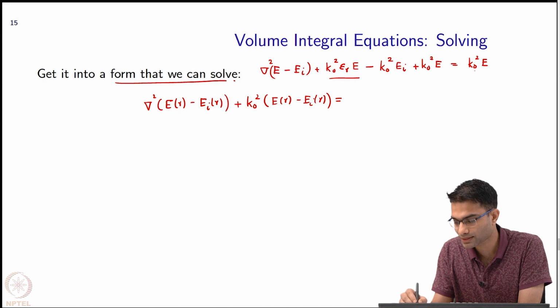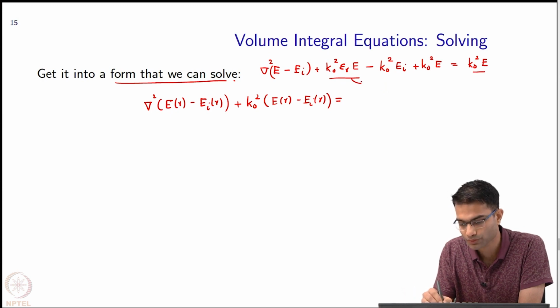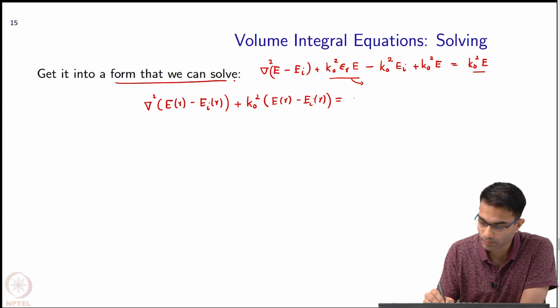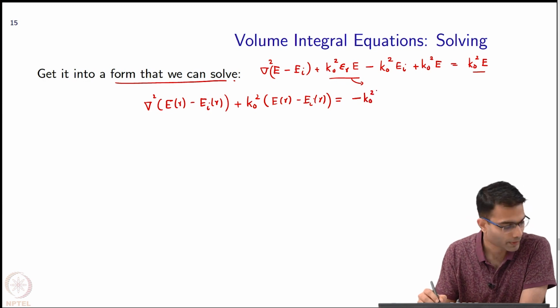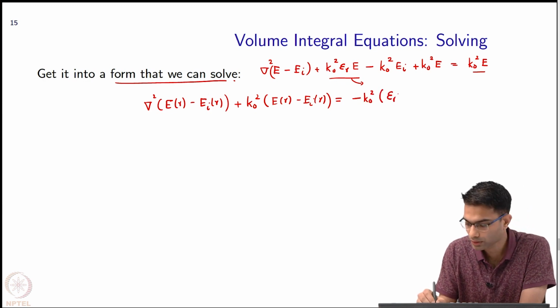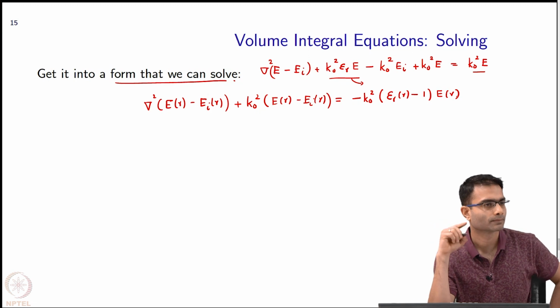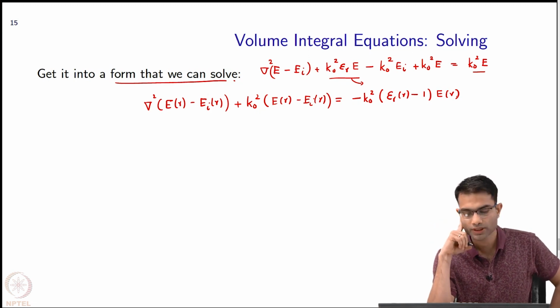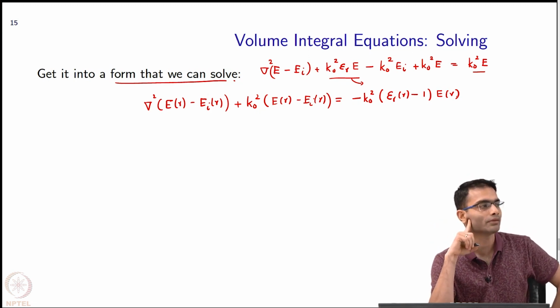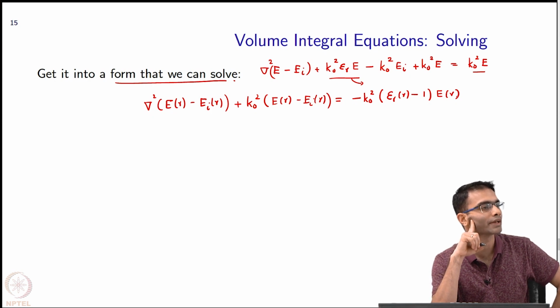So, the other side, this term will continue to be there and this guy moves to the right hand side. So, I have a minus k naught squared epsilon r minus 1 E of r, right. So, now this looks like a form that we can solve using our Green's function.